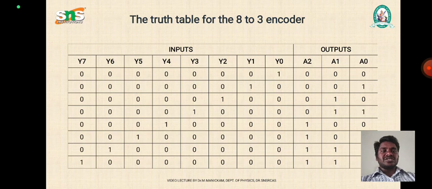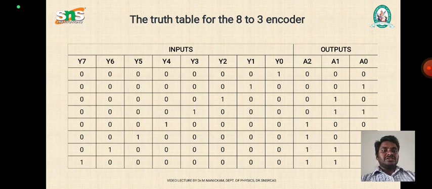Here, from Y7 to Y0 we have inputs, and there are 3 outputs, A2, A1, A0. If the value of Y0 is 1, all the outputs will be 0. If Y1 is 1 and the remaining inputs are 0, then A2 will be 0, A1 will be 0 and A0 will be 1.